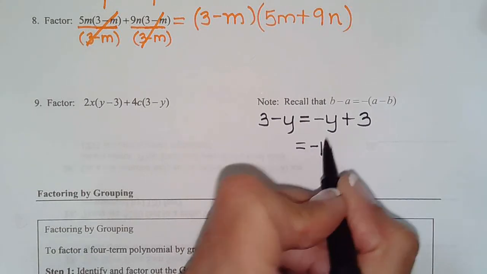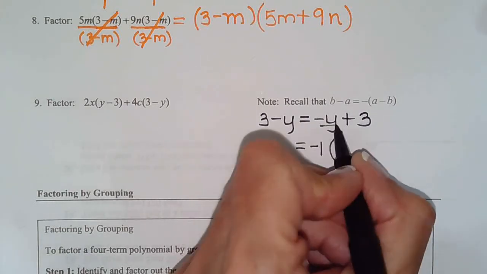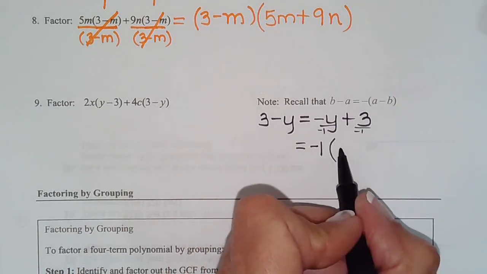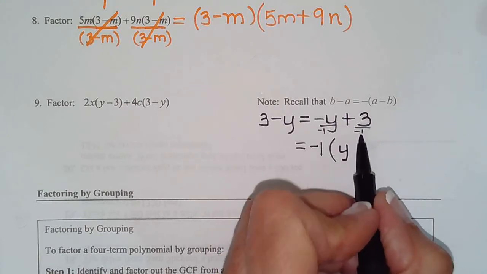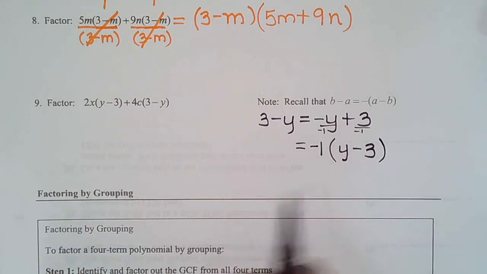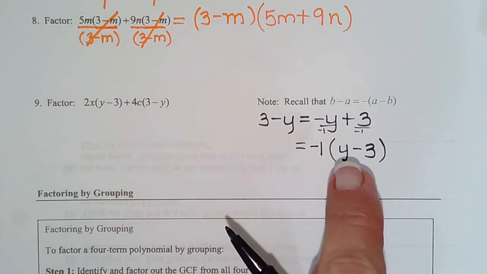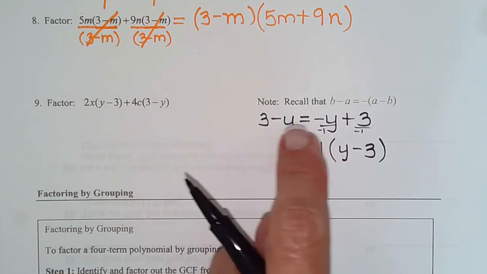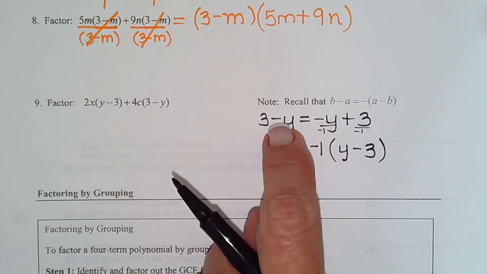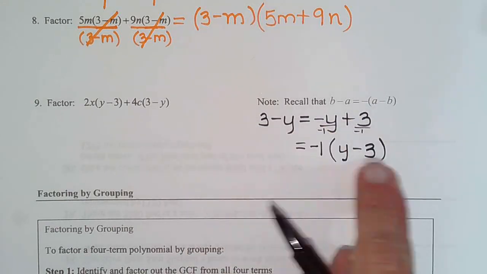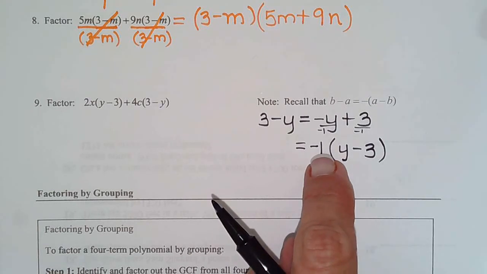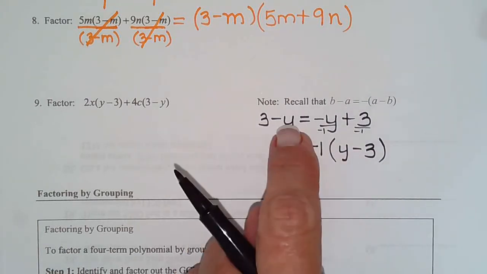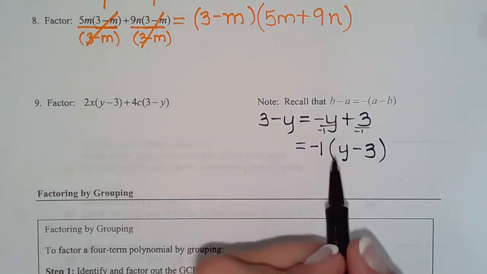So then we take out negative 1, which is common, divide each of these by negative 1, and what do we get? Positive y minus 3. So we can replace this with that because they're the same thing. It's just switching the order of the terms without losing their signs and then factoring out a negative 1. If I distribute this, positive 3, negative y, I still get back to the original problem.